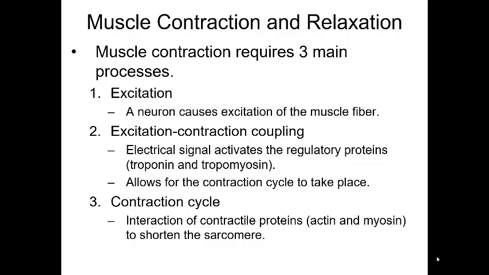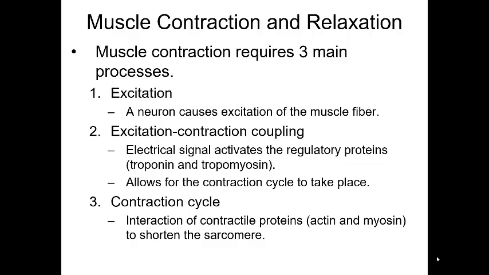In the first step, the excitation of the sarcomere takes place. And this happens when a neuron brings in the efferent signal to it. So a neuron, an efferent or effector neuron, brings the excitation signal to a muscle fiber.